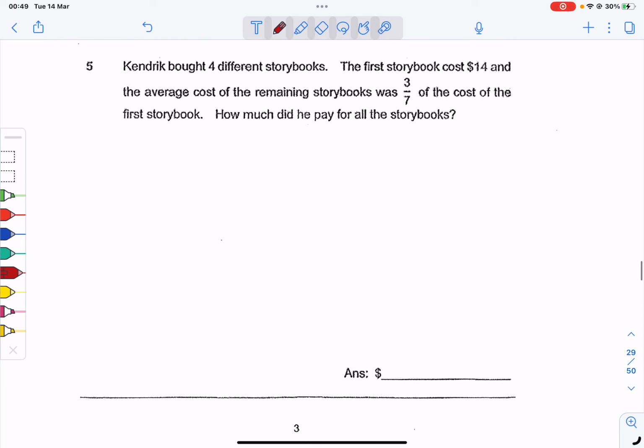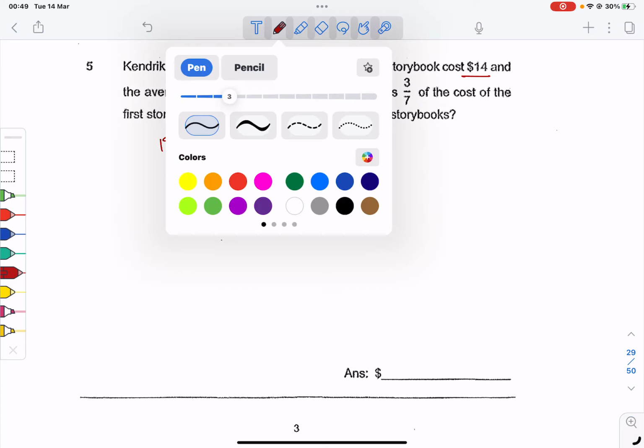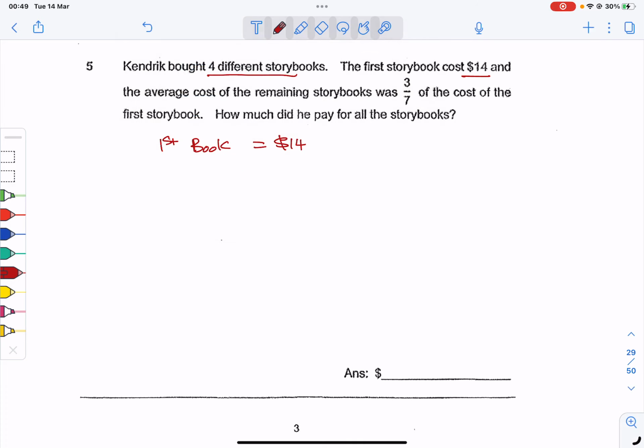Now for question 5, Kendrick bought 4 different storybooks. We have 4 books. The first book cost $14. Now the average cost of the remaining storybooks was 3/7 of the cost of the first book.